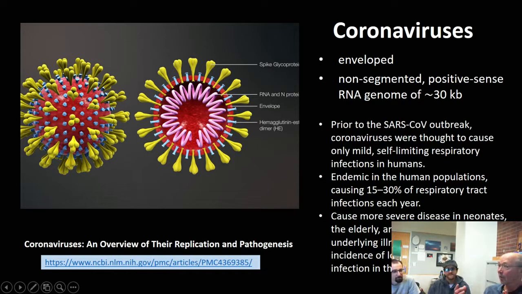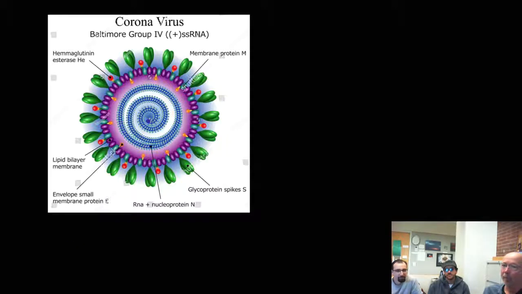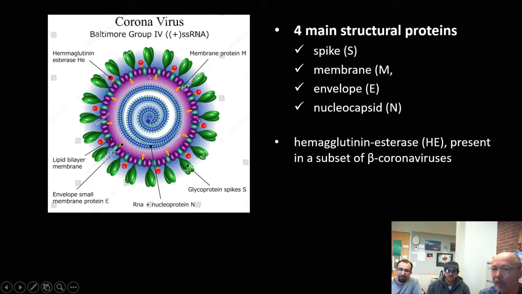And so this one is SARS-CoV-2. That's what it's called. But there's a couple different kinds. And right here is an example of a prototypic coronavirus. You can see in the middle here, that's the RNA genome. It's one long strand of RNA. It's got an envelope, and then it's got these structural proteins. There's like 4 main structural proteins.